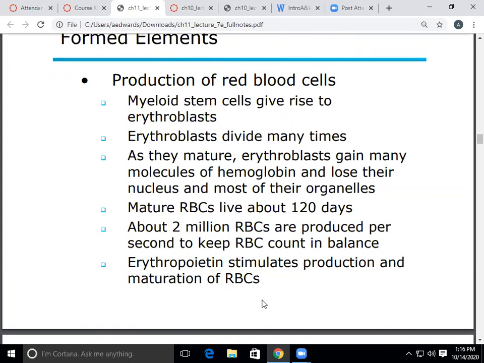They also will lose most of their organelles. Your mature red blood cells can only live around 120 days, because remember, they're basically just storage vessels. No nucleus, most organelles are not there, so they don't really have a lot of machinery inside of them to sustain themselves.